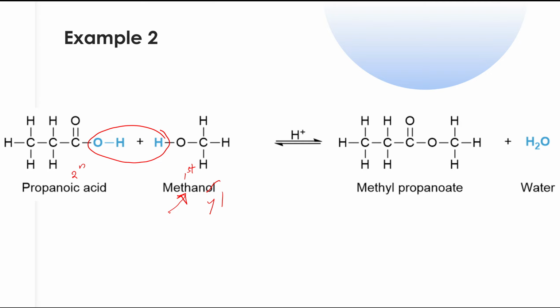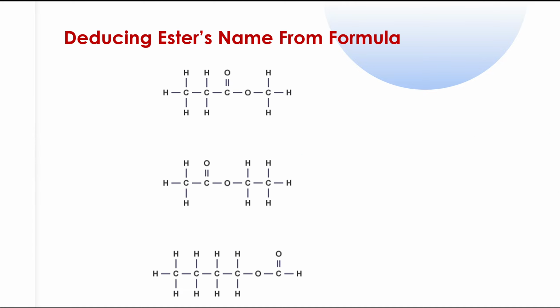Second, I will write the name of the acid, but instead of "-anoic", I will say "-anoate". And the name becomes methyl propanoate. And of course, water is produced, and this is catalyzed by concentrated sulfuric acid.